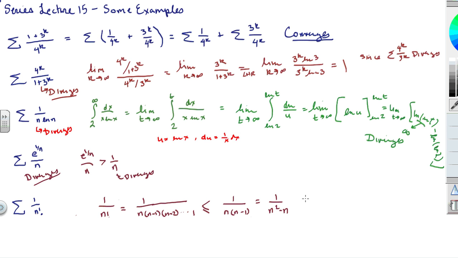Let's use the limit comparison test here. Limit as n goes to infinity of 1 over n squared divided by 1 over n squared minus n is the limit of n squared minus n over n squared, and that limit is equal to 1, which is non-zero and finite.